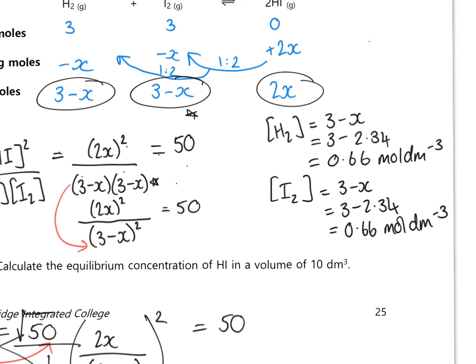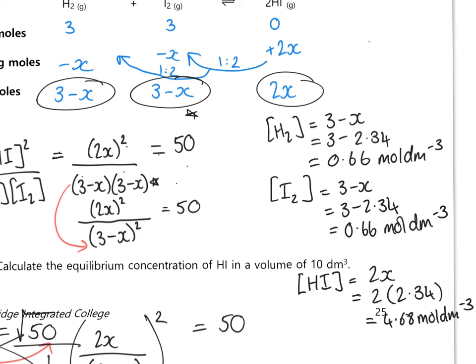And then we said the concentration of HI was 2x. So to get my equilibrium concentration of that, I do 2 times 2.34, which is 4.68 moles per decimeter cubed. So yes, this is an absolutely crazy question.